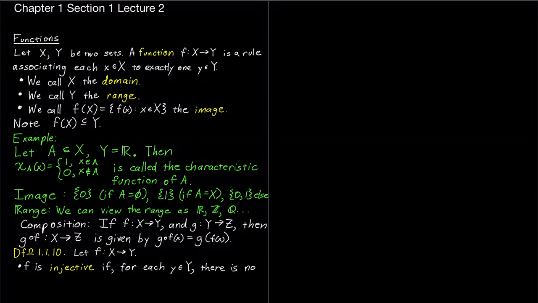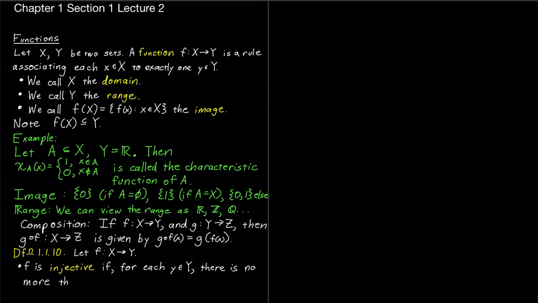So there doesn't necessarily have to be a pre-image. There could be no pre-images. But the idea is there is no more than one x in X with f of x equals y. So if you know what y is, you know what x is.